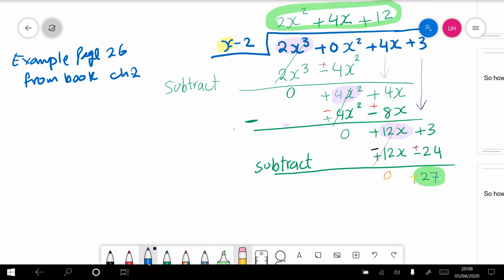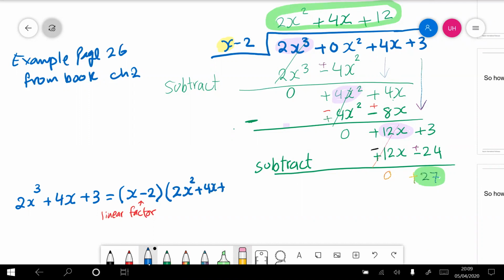So what they ask here in this question, they want you to write the cubic function, the 2x cubed plus 4x plus 3, as a product, like multiplication, of the linear factor x minus 2, which is the linear factor here, multiplied by the quadratic, which is the quotient, the 2x squared plus 4x plus 12.